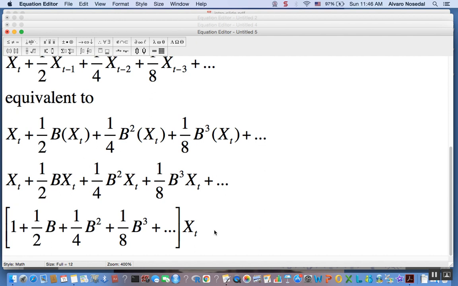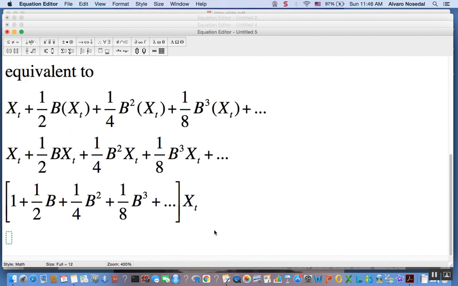Now let's take this to the next level. We know that B represents an operator. Okay, we are aware of that. But let's now use what you know about geometric series to rewrite this expression inside these square brackets.